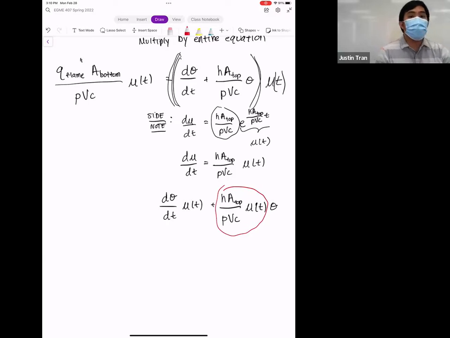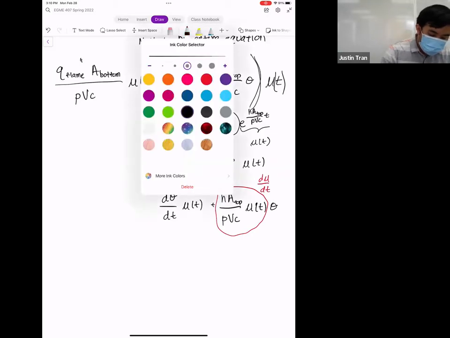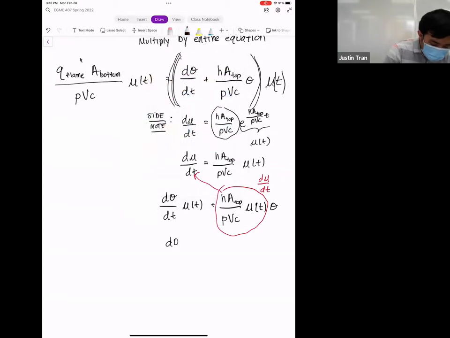I've circled those terms in red because we've seen that before, right? In fact, we saw it right there. This entire expression I can replace with d mu dt. And so what we have in the end is d theta dt mu of t plus d mu dt times theta.